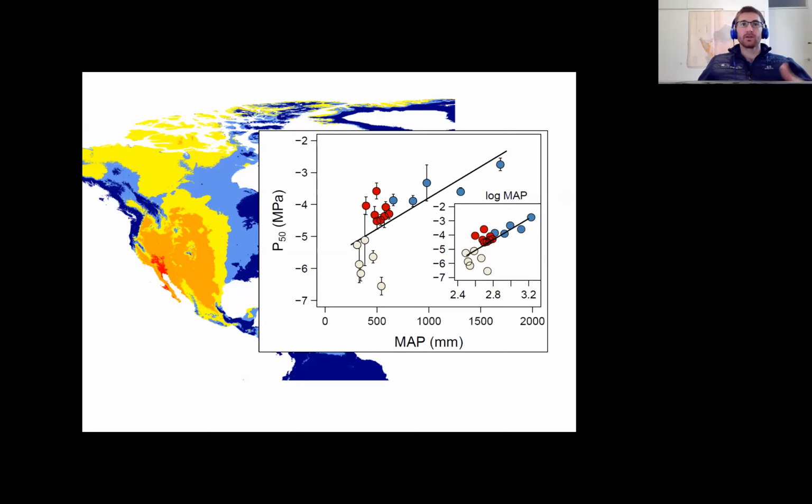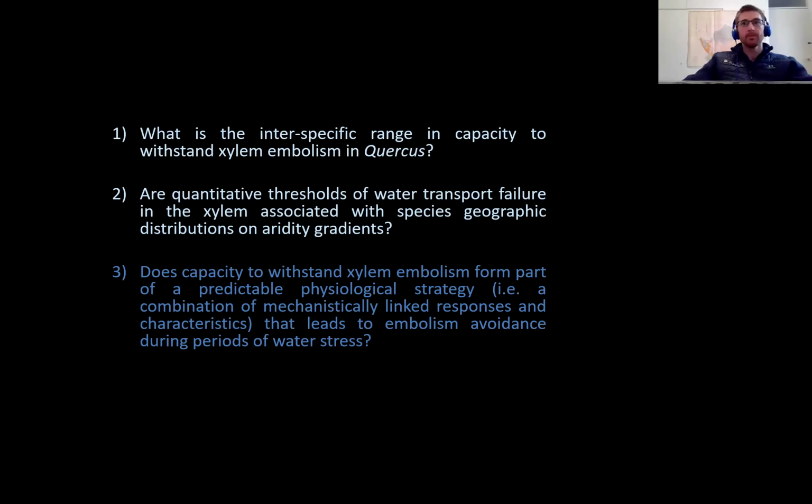And again, we think that this might be a result of artifacts associated with these techniques. So when we use the optical measure, we see a fairly linear relationship between climate and vulnerability. So predictably, species that are occurring in dry environments have more resistant xylem.